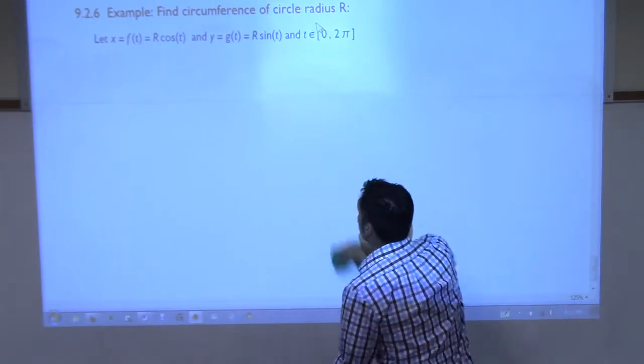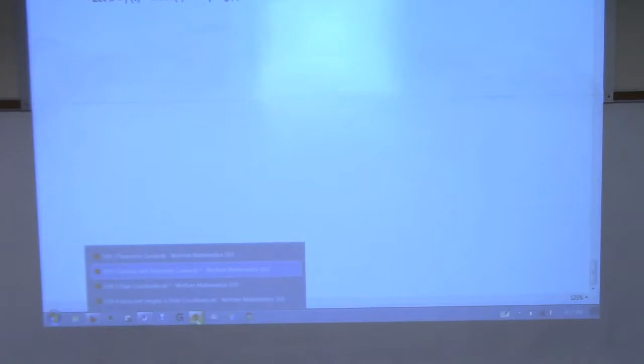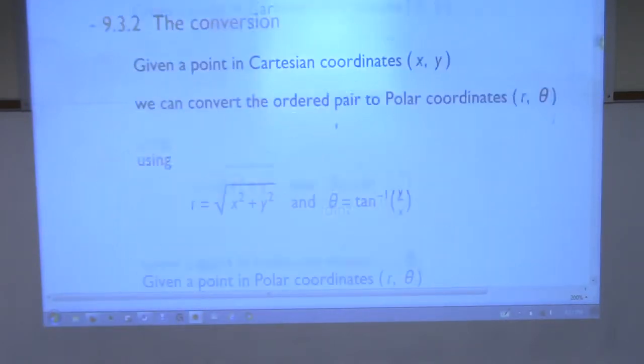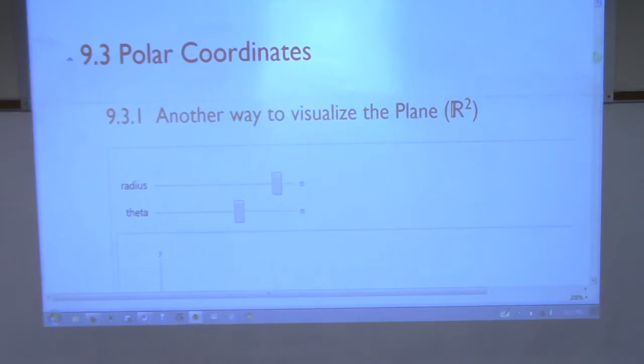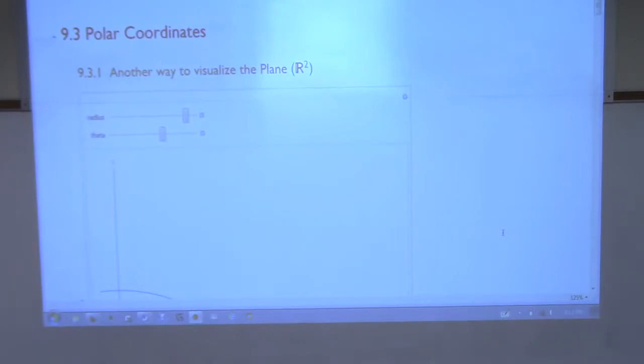Moving on to 9.3. We're just going to get to the beginning of this. We won't get through it all. It's going by fast because it's so much fun. You're having fun. That's what it is.